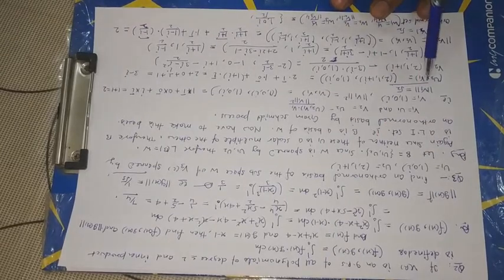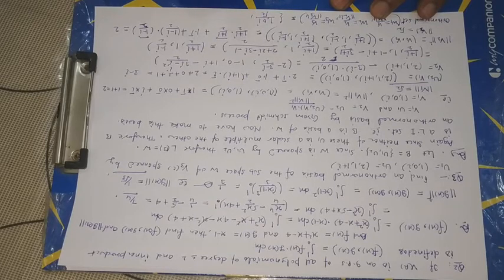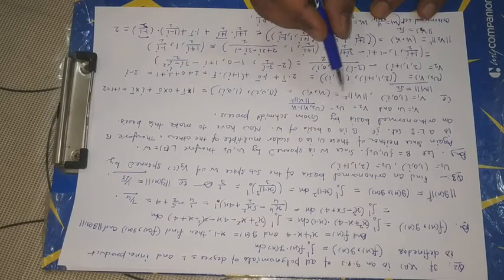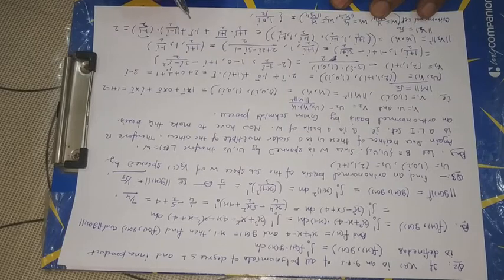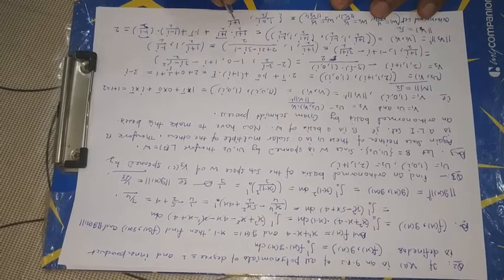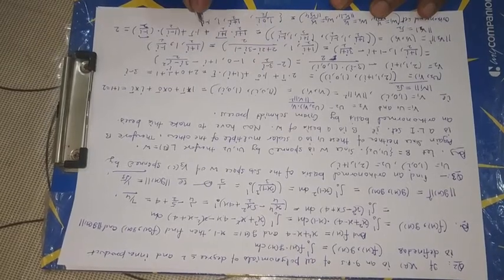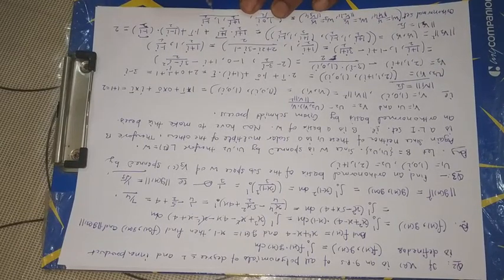This is the value of V1 norm. Comma, the value of V2 is equal to this, ((1 plus i) upon 2, 1, (1 minus i) upon 2) upon V2 norm, that is divided by under root 2.